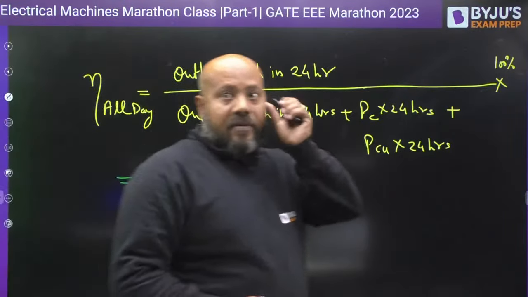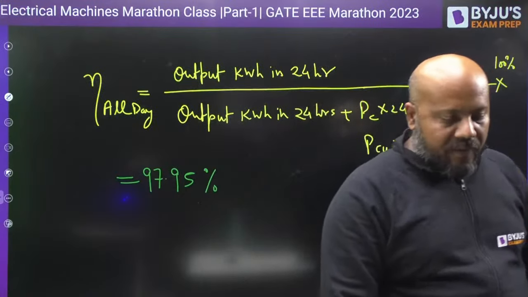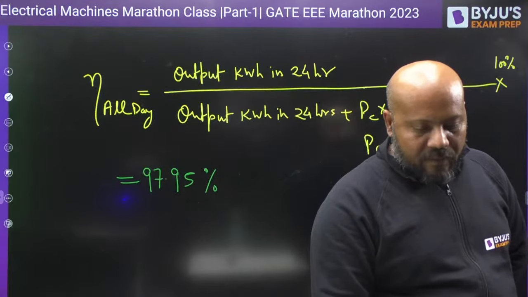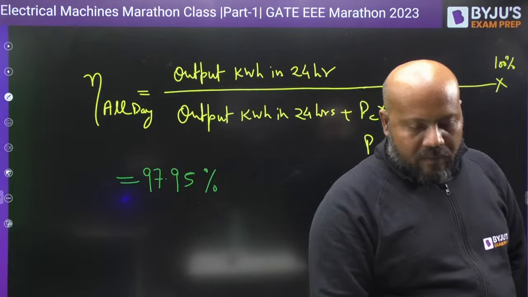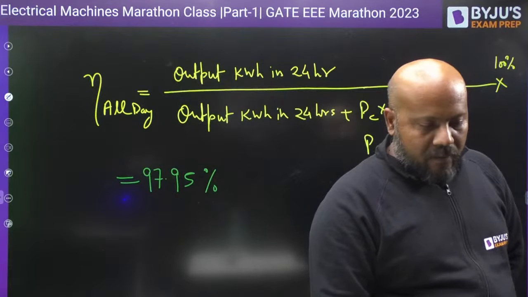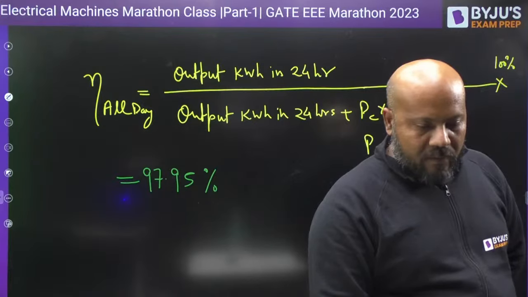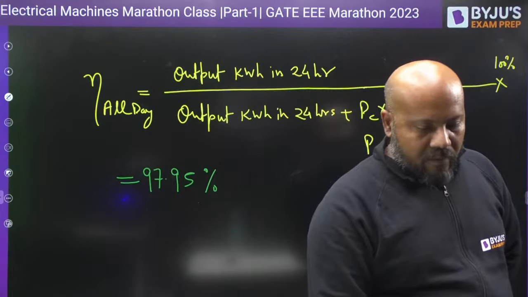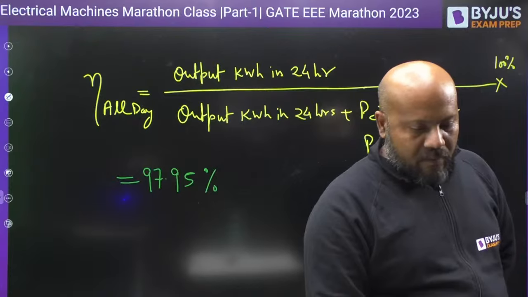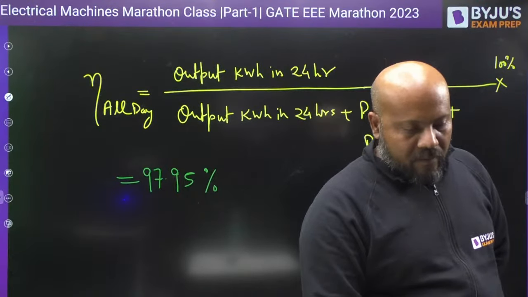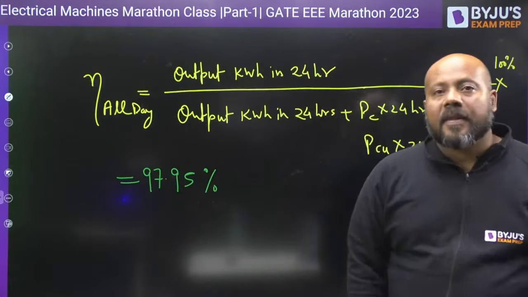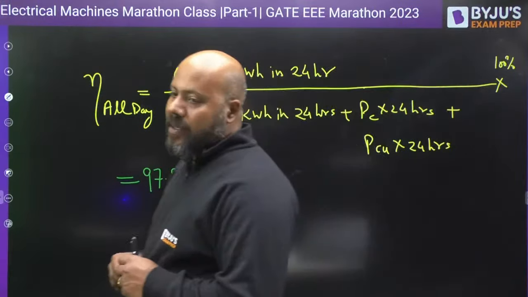Just cross check this whether you are getting this or not. Take your time, put the value and cross check it. Take your time and confirm these values.